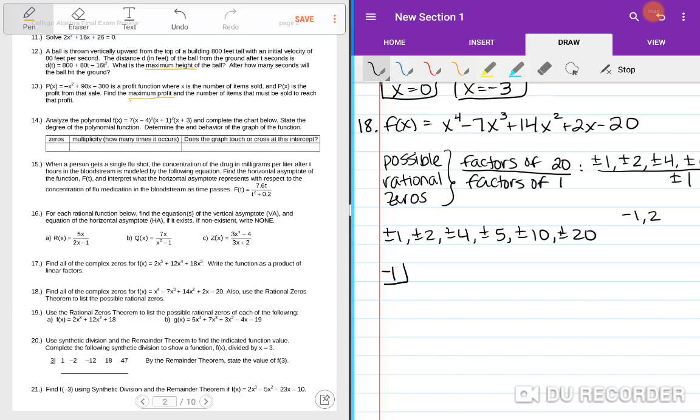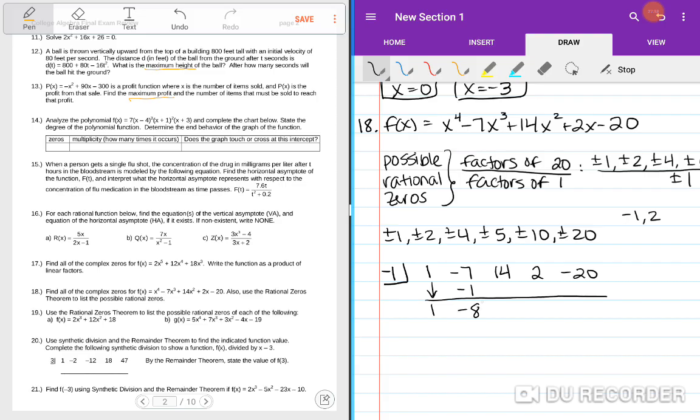I'm going to put -1 in my box. For my synthetic division, I'm going to list my coefficients: 1, -7, 14, 2, -20. Remember that for synthetic division, all of your numbers need to be accounted for: x to the 4th, x cubed, x squared, x, and then the constant. Draw your line, bring down your first number. 1 times -1 is -1.